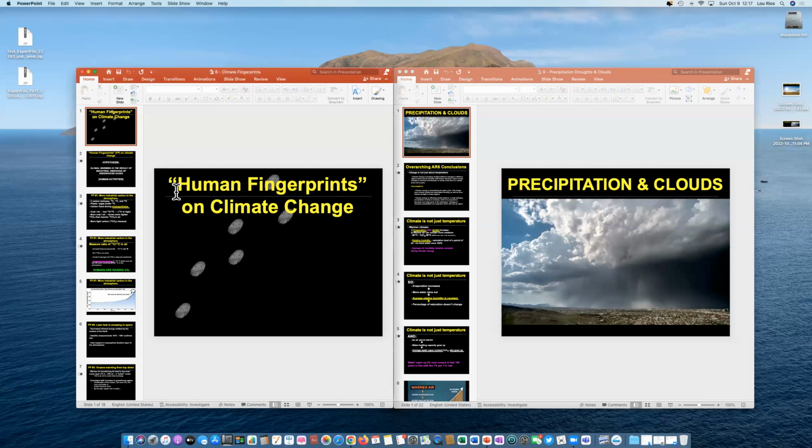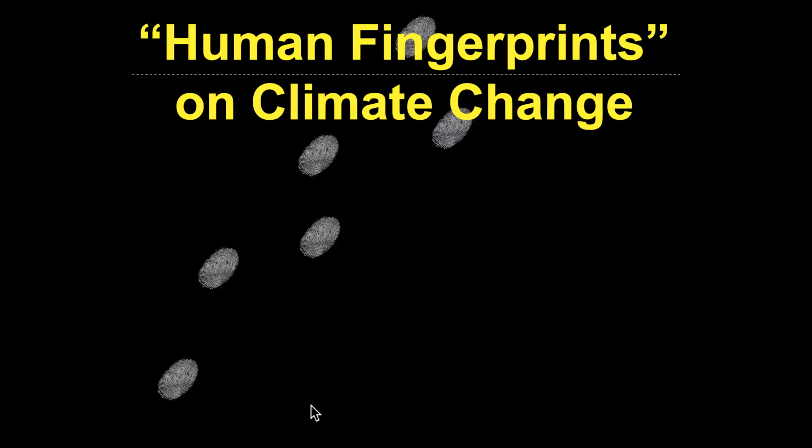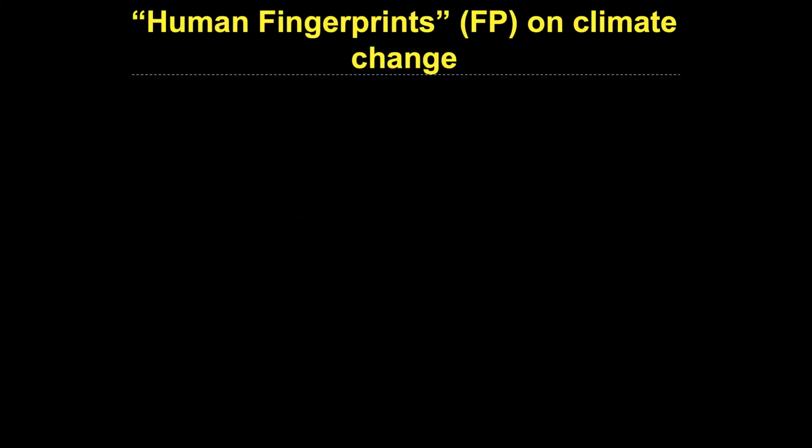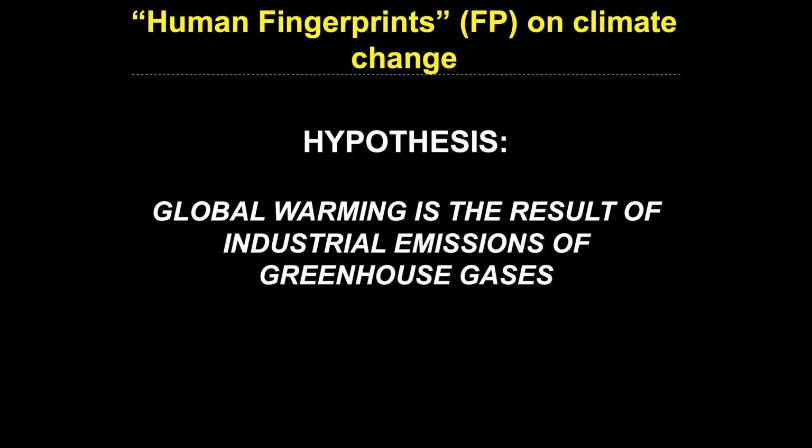We'll begin with this presentation here. So human fingerprints, literally the things that tell you that only because of human intervention these things happen, right? So human fingerprint on climate change, the hypothesis being global warming is a result of industrial emissions of greenhouse gases. Remember, we are artificially making the greenhouse effect more efficient.